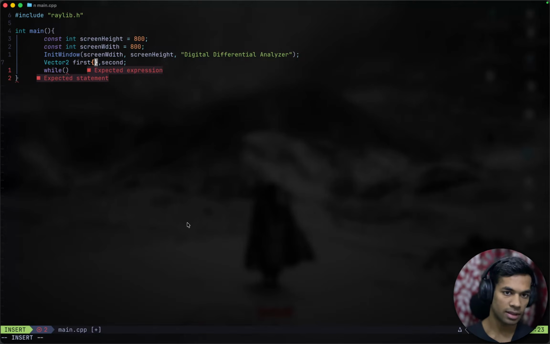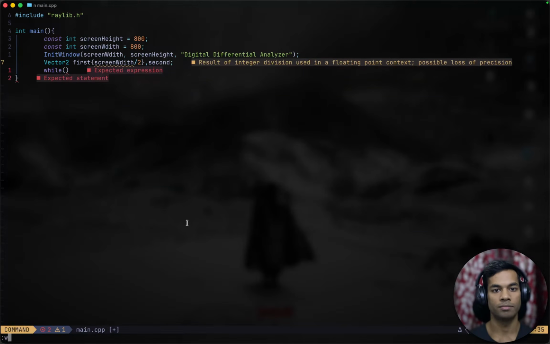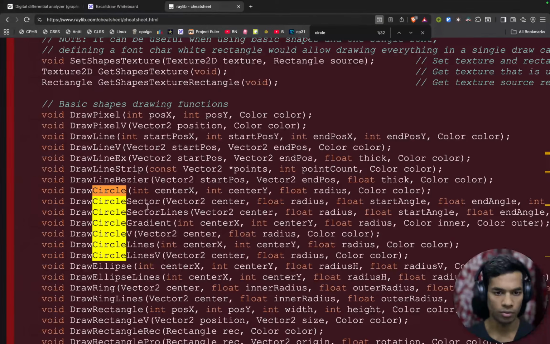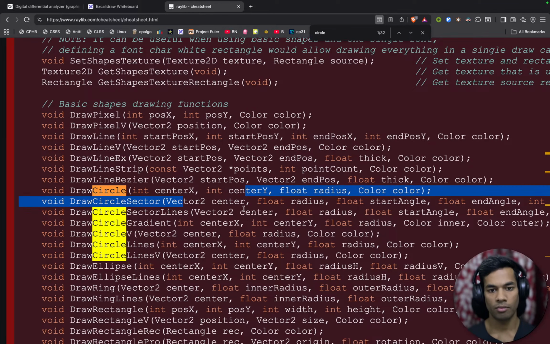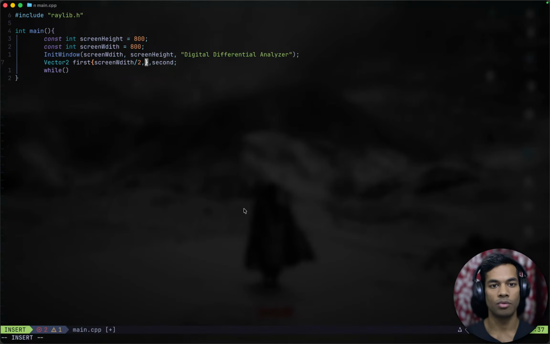And the first thing here would be the width, so that is screen width divided by 2. DrawCircleV, there is a function, I guess. Yeah, DrawCircleV, which takes in a Vector2. First is X, which is the width, right? So that is cool.